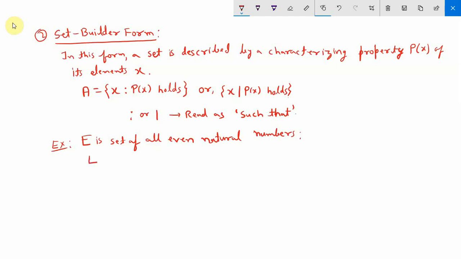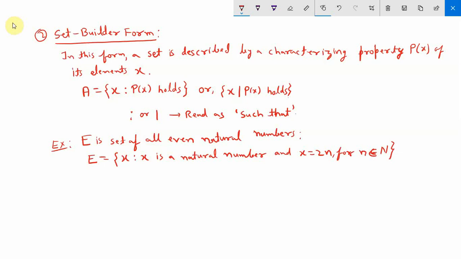We will write E equal to x such that x is a natural number and x equal to 2n, for n an element of natural numbers.